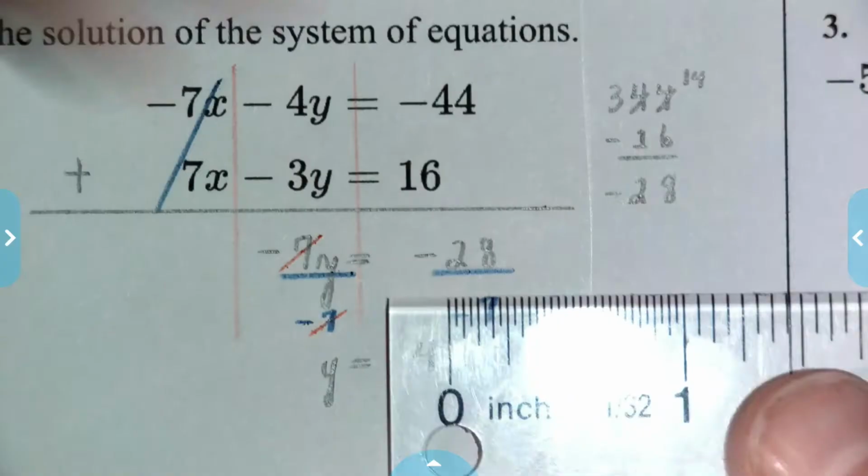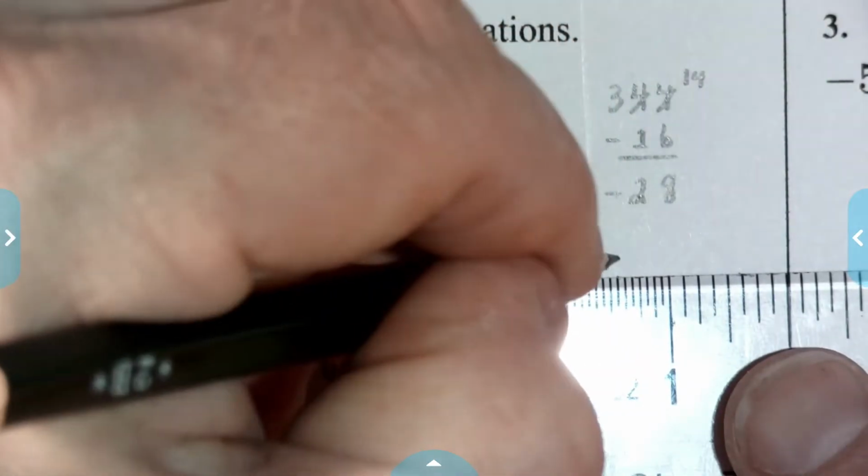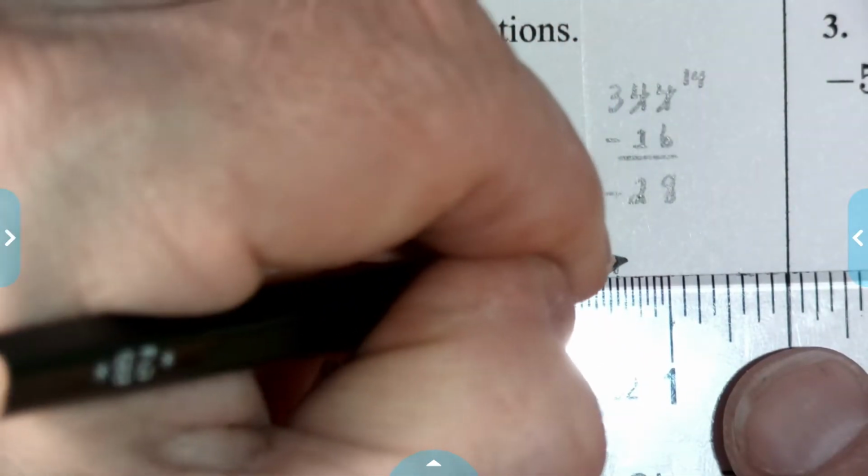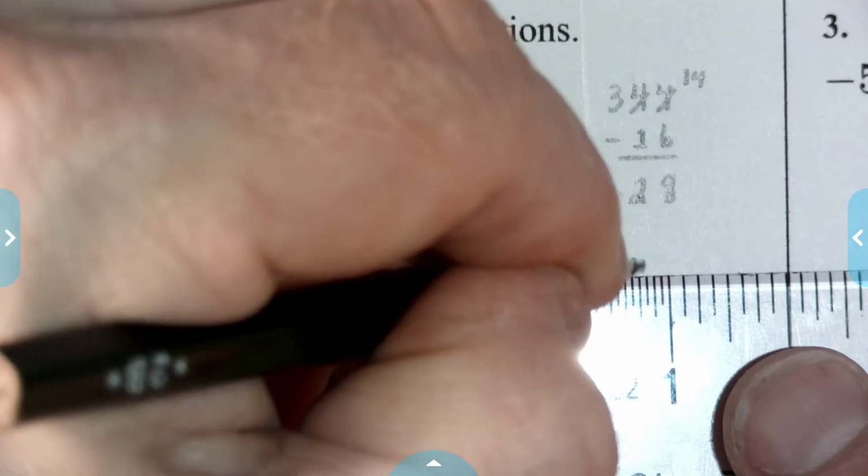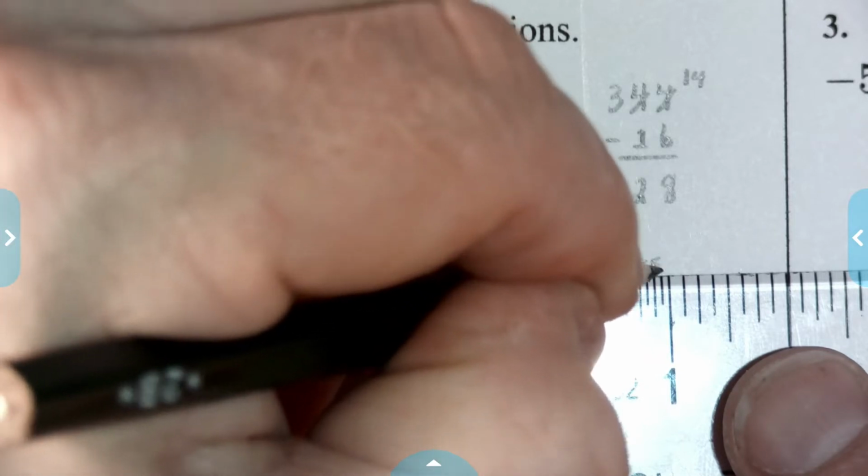Okay, so I just found part of my answer. If my answer is over here, and I'm saying that this is the intersection point, that's going to be a coordinate pair.